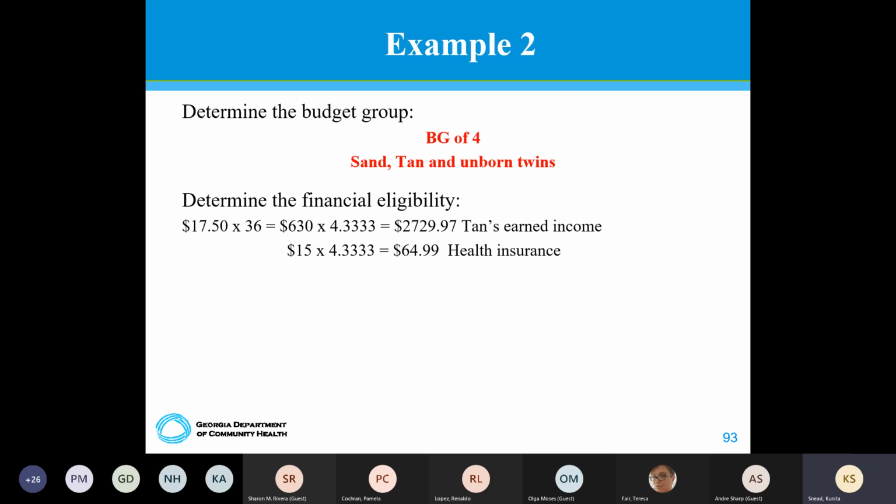So if you go back to slide 89, change that 25 to 15. So we're going to take that $15 and multiply by 4.3333, and you should get a total of $64.99.